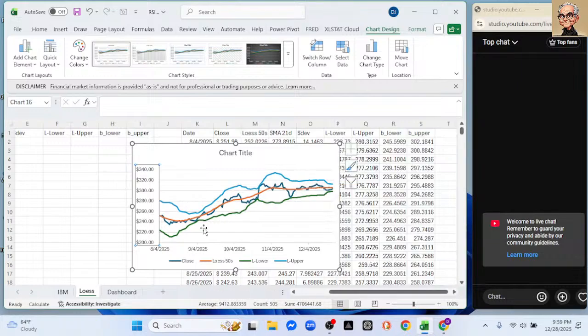So again, what we do, we put in a buy order here. When it reaches here, we sell. Wait for it to fall again, right?